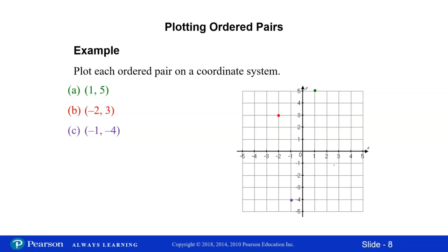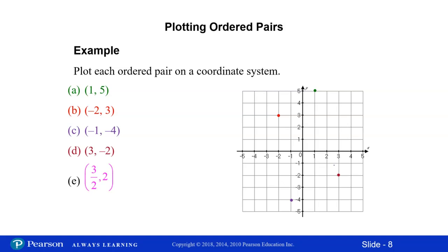So your purple dot is your (-1, -4). (3, -2). 3 is positive, so go 3 places to the right from the 0, and then go 2 below. So that's (3, -2).